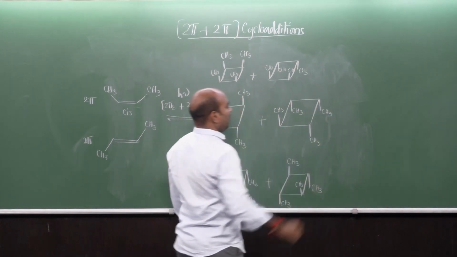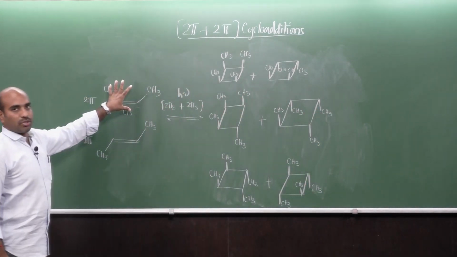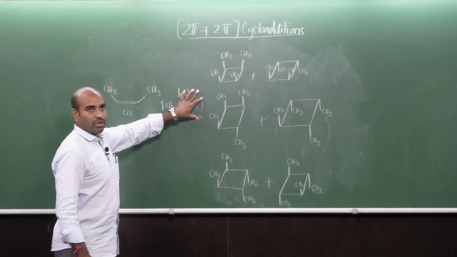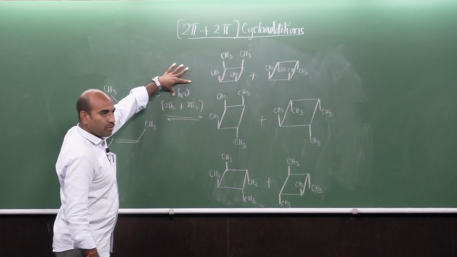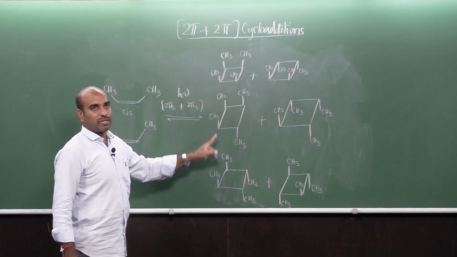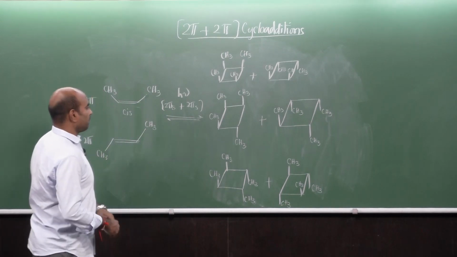So, on adding cis 2-butene and trans 2-butene in 2π supra plus 2π supra mode of cycloaddition reaction under photochemical conditions, you are able to see this many isomers as the products.